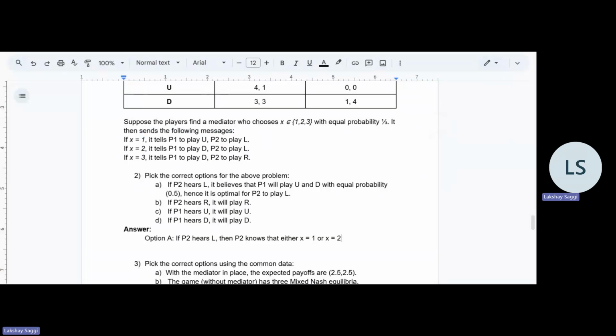And what are the probabilities for x equals 1 and x equals 2? 1 and 2 occur with equal probabilities of 1/3. So in conditional probabilities, if only x equals 1 or x equals 2 is the subspace, then both of these will be occurring with equal probabilities.